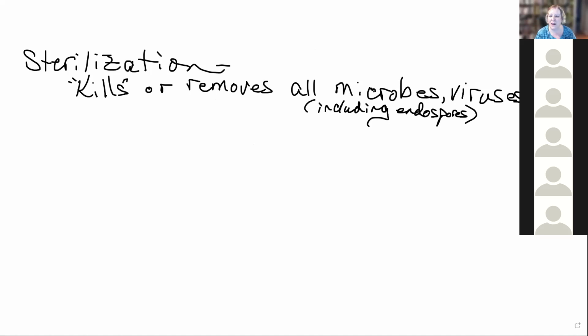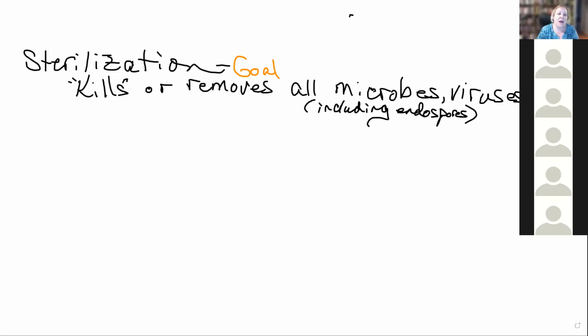Even though they are not alive, we still don't want them on stuff that is sterile. This is the goal. Our goal is to kill or remove all living microbes, viruses and prions.